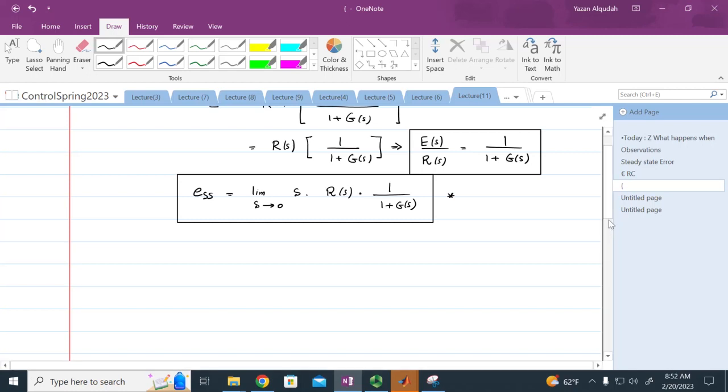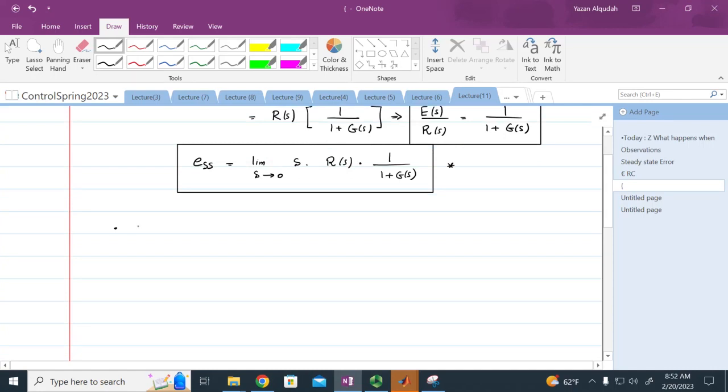So starting with the first input, which is a step input. If we have a step input, R of S is going to equal 1 over S, and therefore the steady state error is going to equal the limit as S goes to 0 of S multiplied by 1 over S multiplied by 1 over 1 plus G of S, which is going to equal, S with 1 over S is going to cancel.